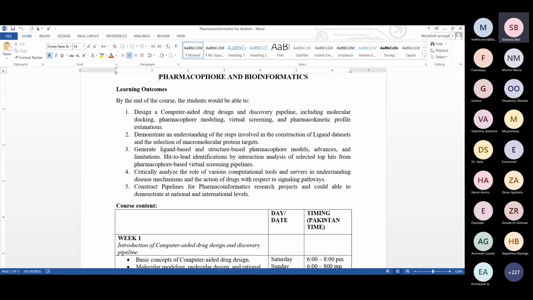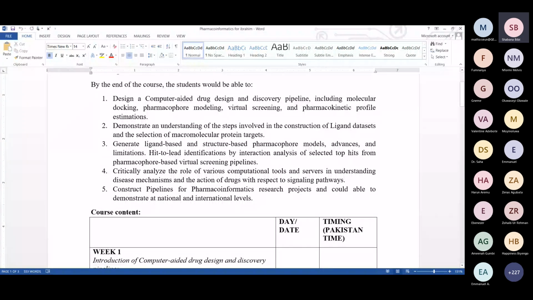For that, we will use different ligand datasets that can be synthesized or taken from publicly available libraries that we can freely use, and the molecular targets that are also available in different databases. If the target is not available, we are ready to model that specific sequence into a structure.